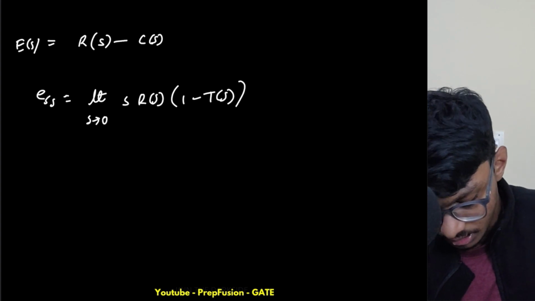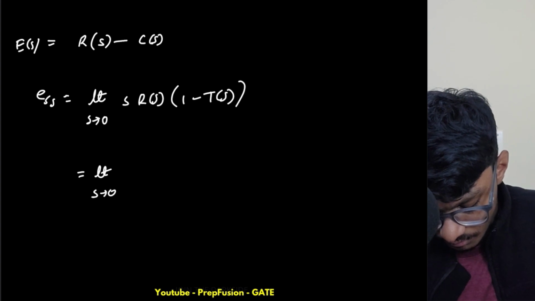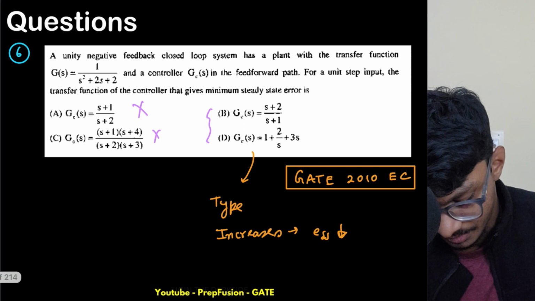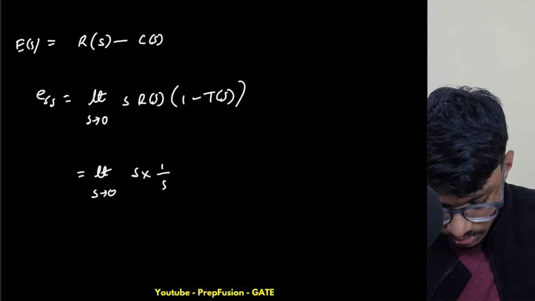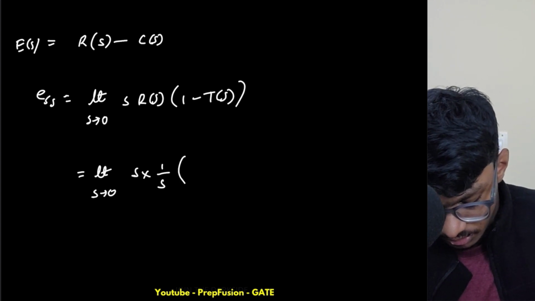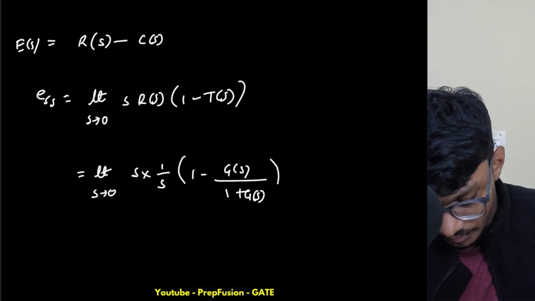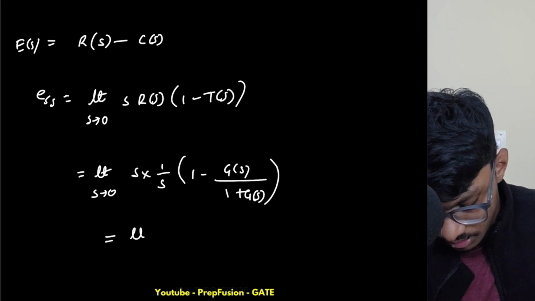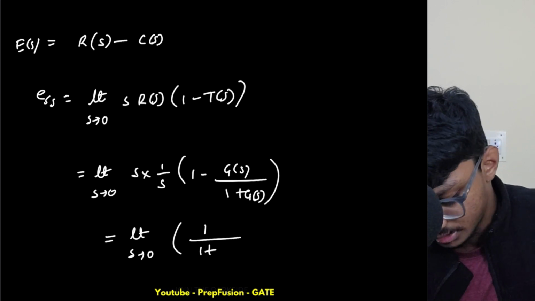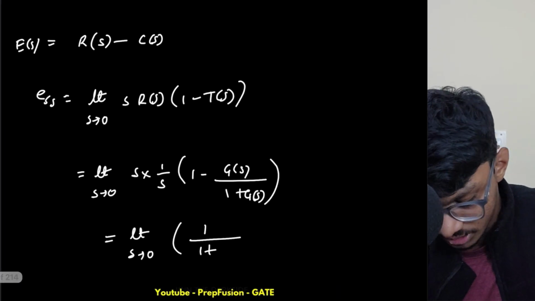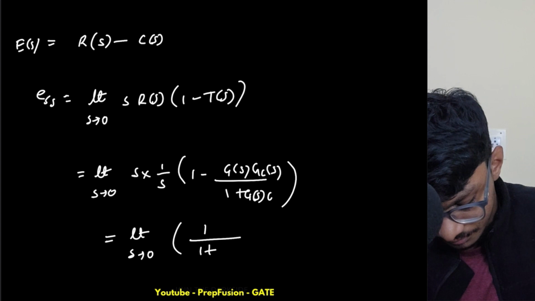I take R(s) common, and since it is a unit step input, R(s) is 1 over s. So s into 1 over s into 1 minus G(s) by 1 plus G(s). Again this G(s) will go away, so only 1 by 1 plus G. But this is not only G, because here we have Gc(s) also. So don't forget to write the Gc(s).